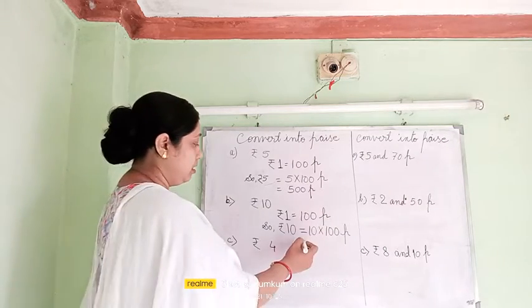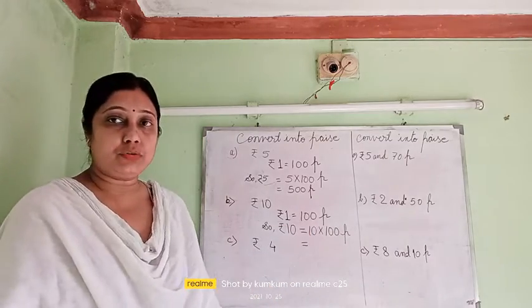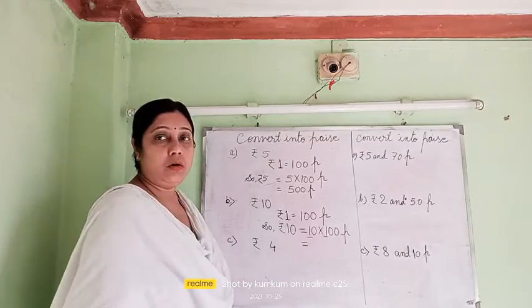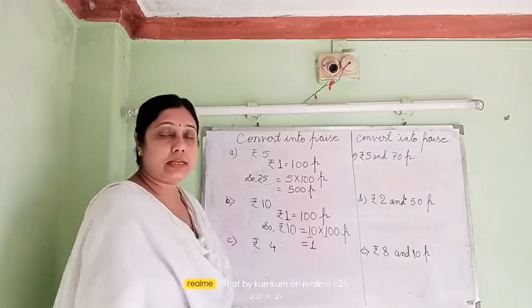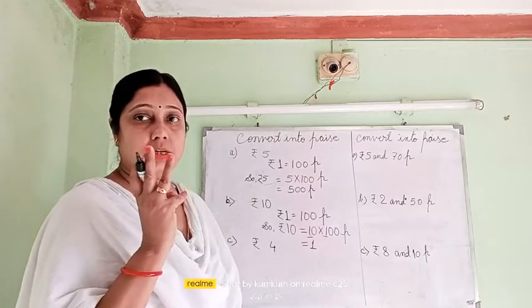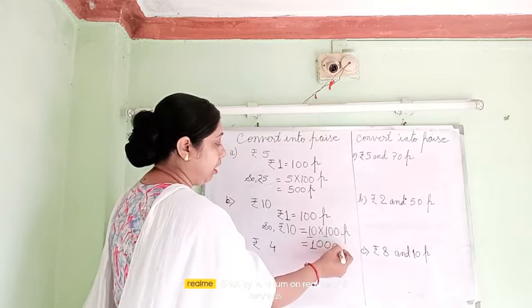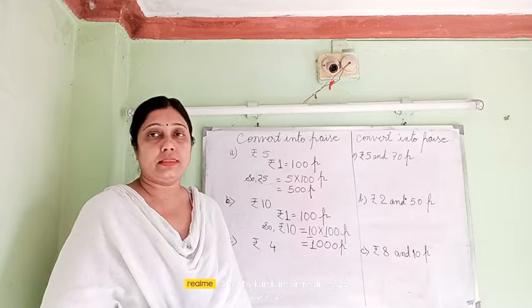Now you see, 10 hundreds are how much? The easy way I am showing you, we will multiply the digits here. 1 into 1, 1 ones are 1. And how many zeros are there in total? 3 zeros are there. So I will write here 3 zeros and the answer became 1000.